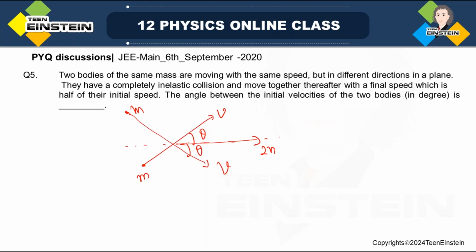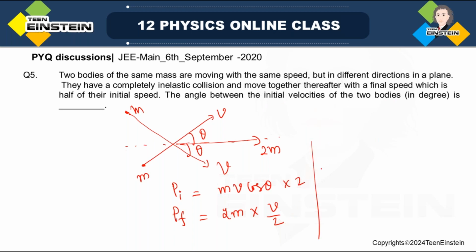The initial momentum is mv cos theta into 2, and the final momentum is 2m, since they are moving together with half of the initial velocity, v by 2. The question asks for the angle between the initial velocities of the two bodies in degrees, so that you have to find out. I can just equate them.